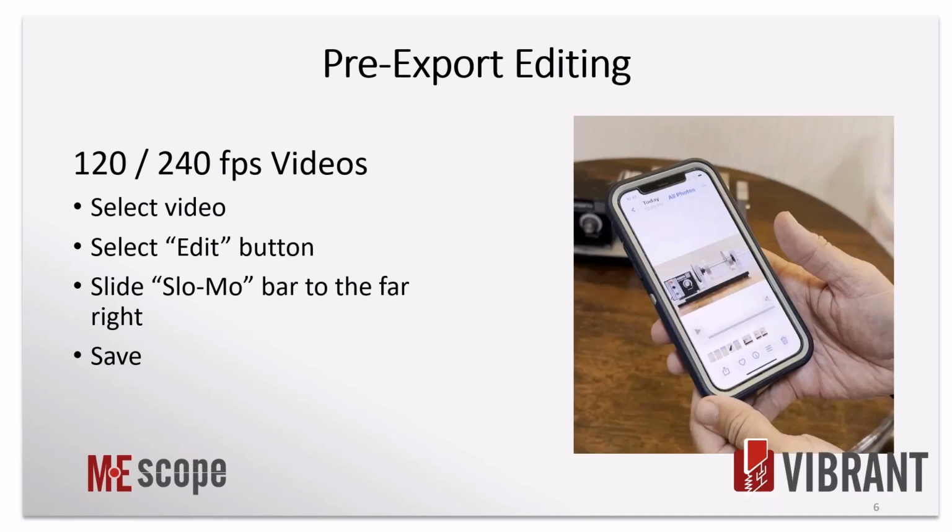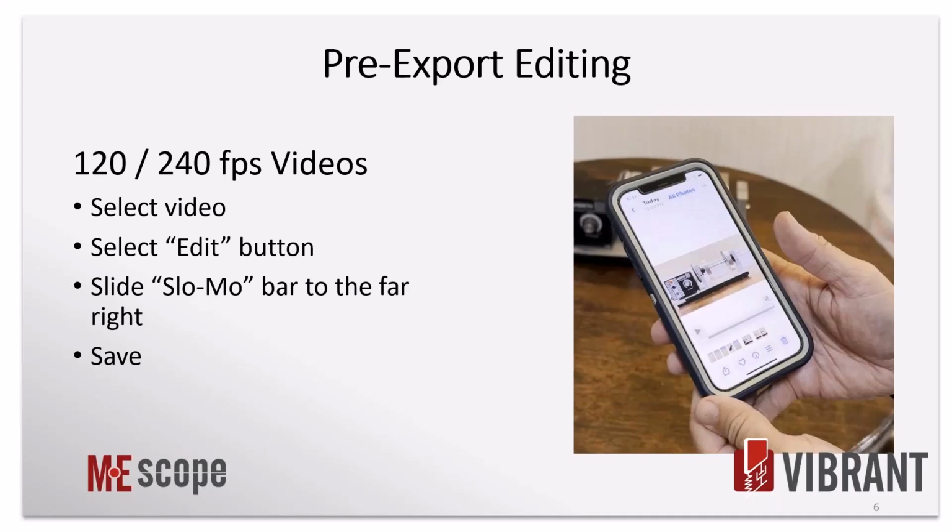The playback will slow down, and if you have an iPhone, you know how this works. We don't want that in there because ultimately it'll screw the video up completely with the timing and accuracy and everything else. So we take that out by editing the video after you've acquired it. And I'll show you here with this video. This is specifically for the slow-mo, 120 and 240 frame per second videos.